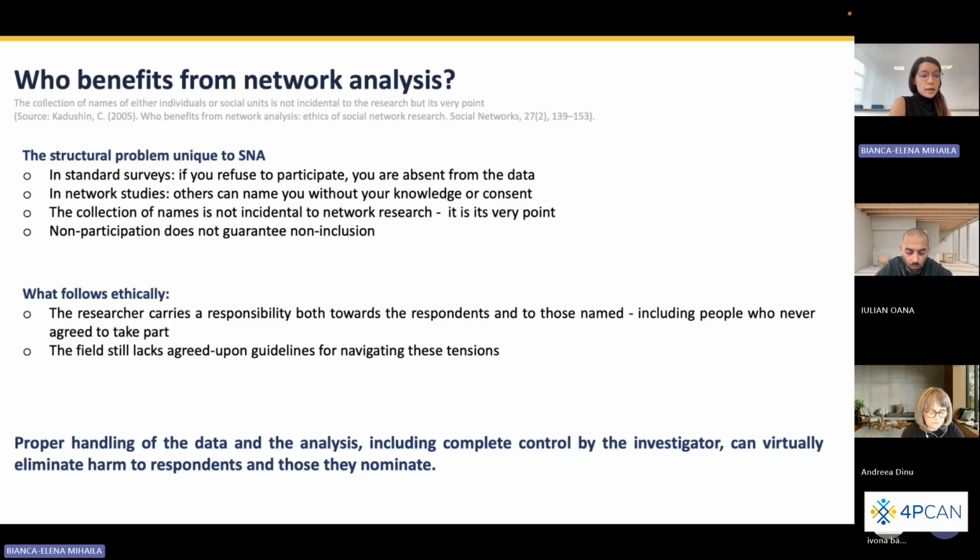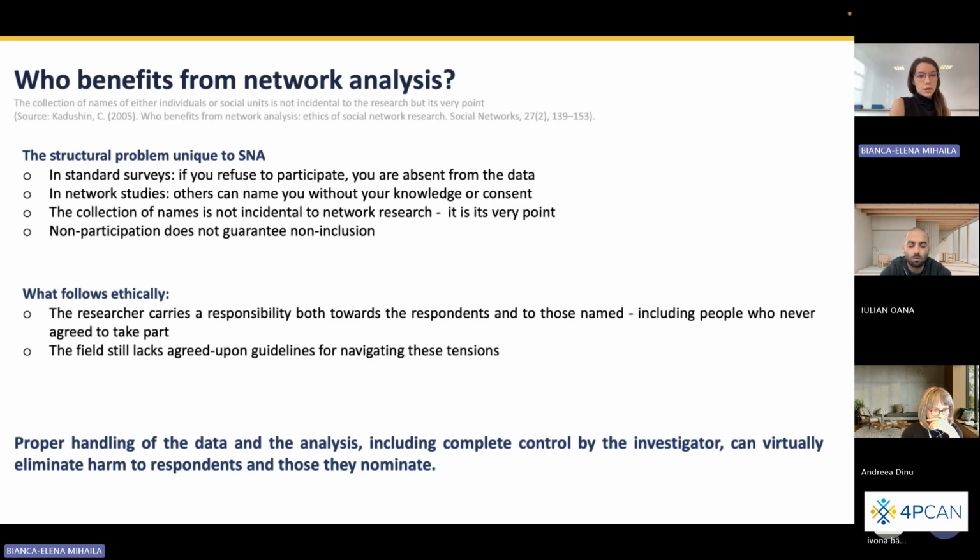In a standard survey, you can decline to participate. You are simply absent from the data. But in a network study, others can name you, can describe the relationship with you, and the position you are holding in a specific social structure or in the personal network, somehow without your knowledge or consent, and you have to be aware of how you are handling this type of data.